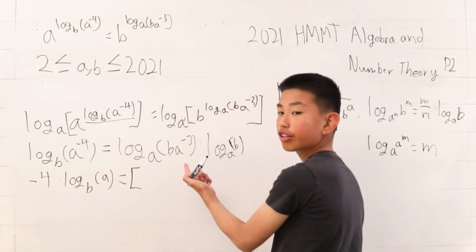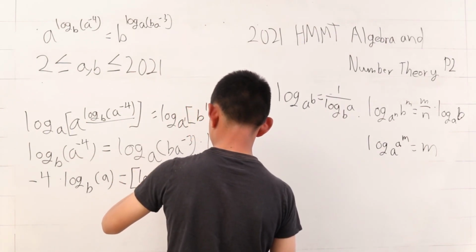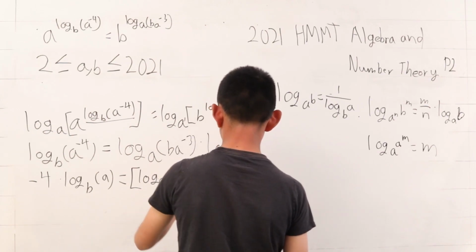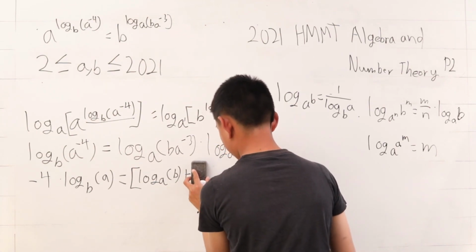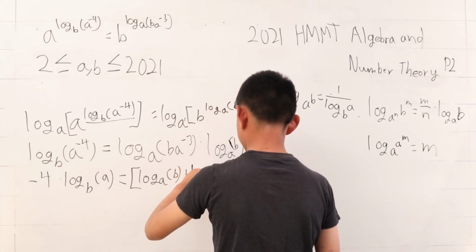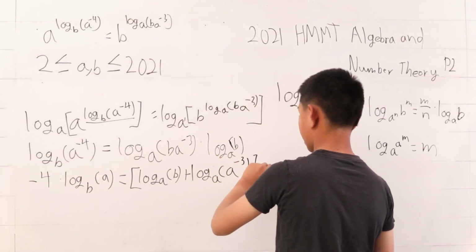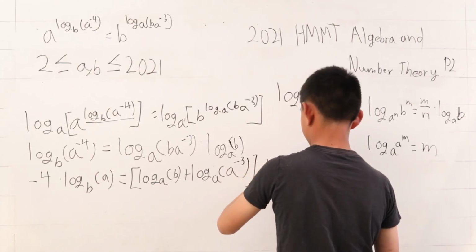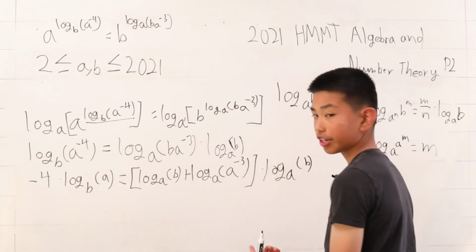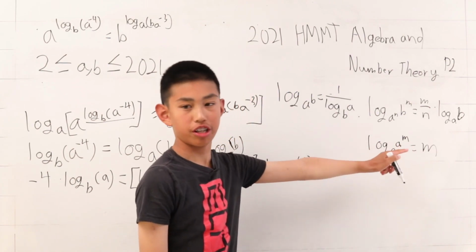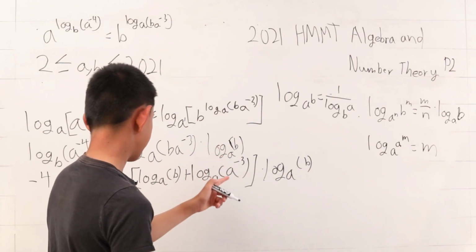We can break up what's in the parentheses: log base a of b plus log base a of a to the power of negative 3, times log base a of b. We see here that we can apply this formula again to this term here. That is just negative 3.